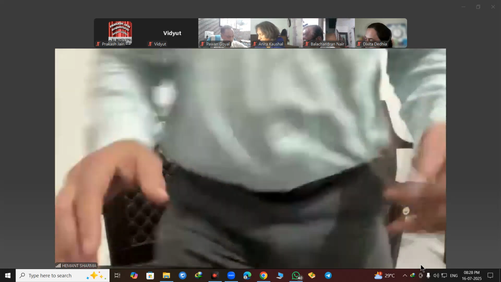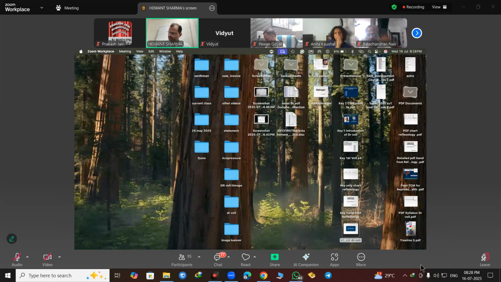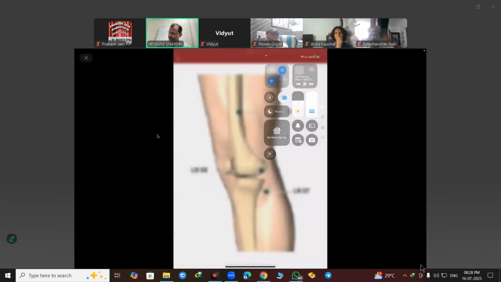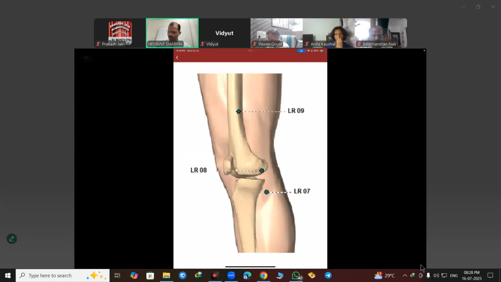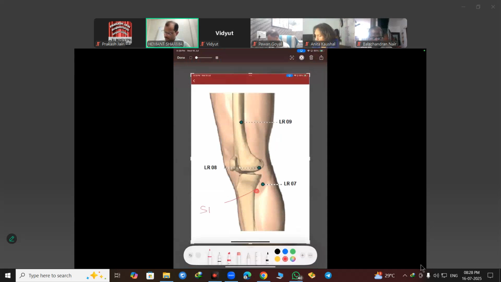Let's see in the image. एक बार आप image में देखिए. So on the border of bone here we are having spleen 9. If we are going little backside and up, that is the location of liver 7.